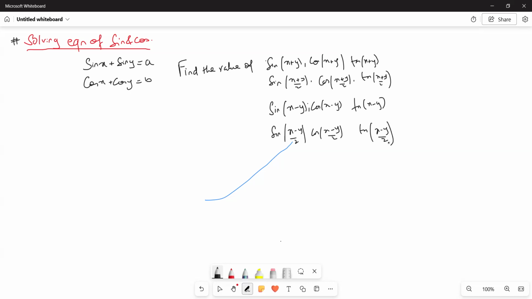So we could be asked to find out the value of any of these 12 entities. Now, obviously, you will be given one of the 12 for a particular question, not all of them. So how do we go about doing that?